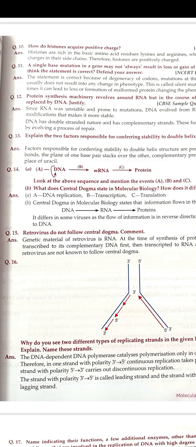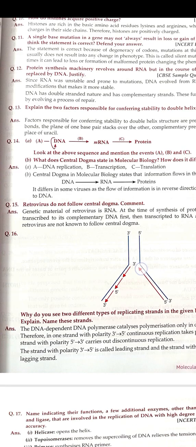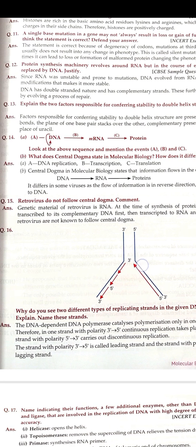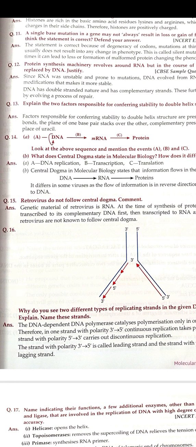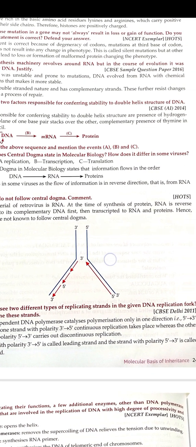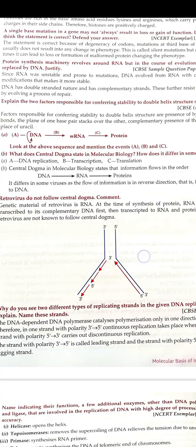Next question number 14. Here, A dash DNA dash mRNA dash protein. Look at the above sequence and mention the events A, B, C. What does central dogma state in molecular biology? How is it different in some viruses?